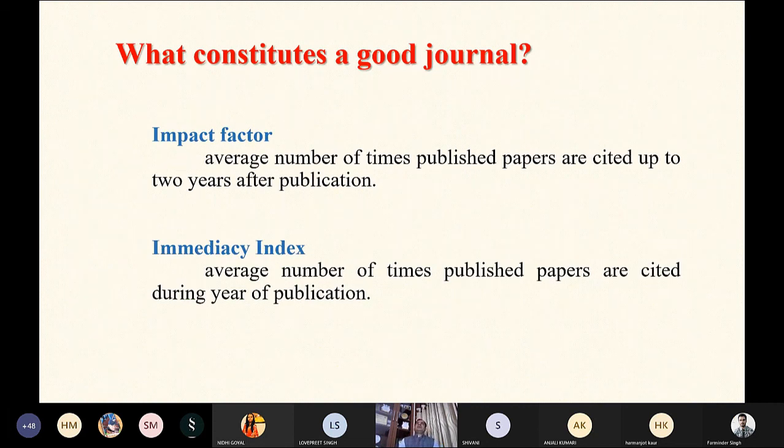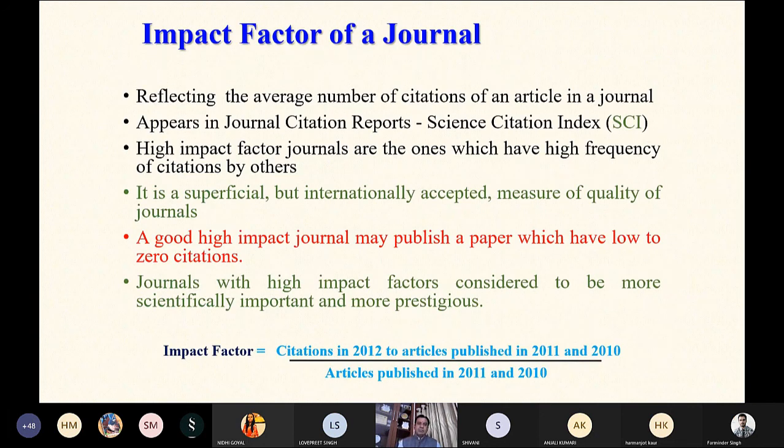Now we have to identify in which journal we have to publish our paper. It is only the impact factor and the index that will indicate the quality journal that we are going to use for publication. The impact factor reflects the average number of citations, meaning a journal that has high citations for the papers it publishes will have a higher impact factor.